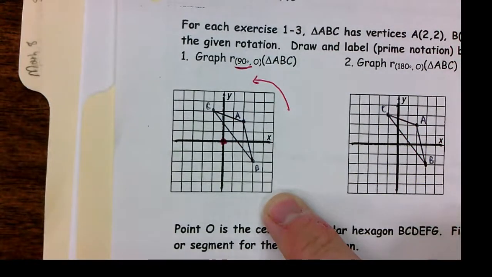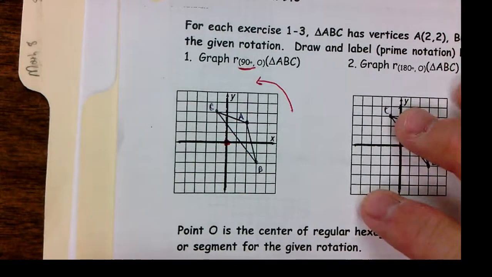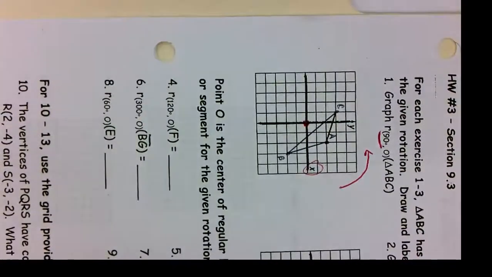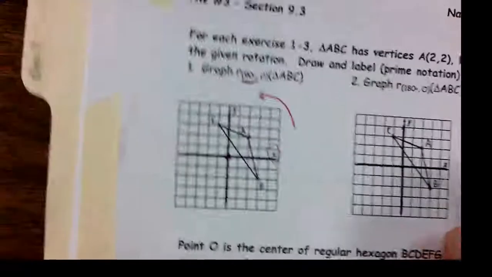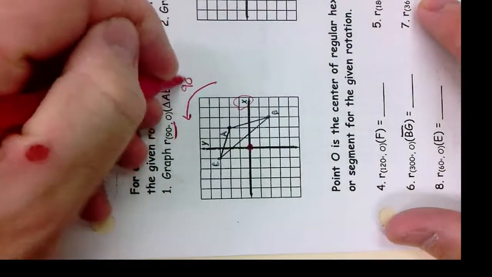The easiest way to do it, in my opinion, is to rotate your paper 90 degrees, so the x-axis ends up at the bottom. And that triangle has now been rotated 90 degrees, except I went the wrong way. How about we rotate it the way I drew the arrow so it ends up there? Now that triangle has been rotated 90 degrees.